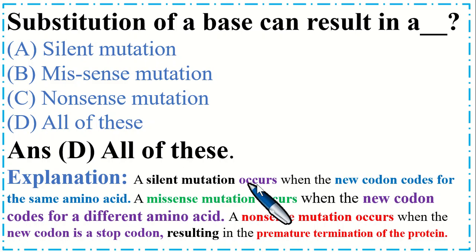A silent mutation occurs when a new codon codes for the same amino acid. A missense mutation occurs when a new codon codes for a different amino acid. A nonsense mutation occurs when the new codon is a stop codon, resulting in the premature termination of the protein.